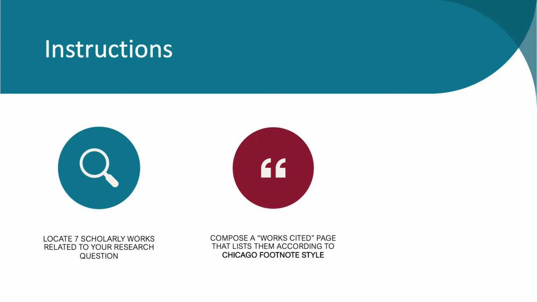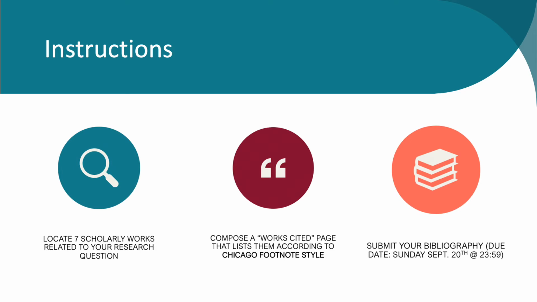Once you've done that, you need to basically make a document that is a works cited page that will list all of your sources according to Chicago footnote style. And then once you have that, all you need to do is submit your bibliography. The due date for that is Sunday, September 20th by the end of the day.